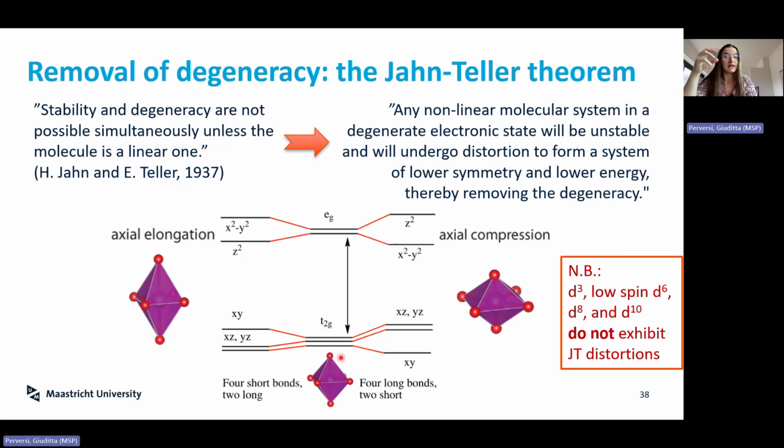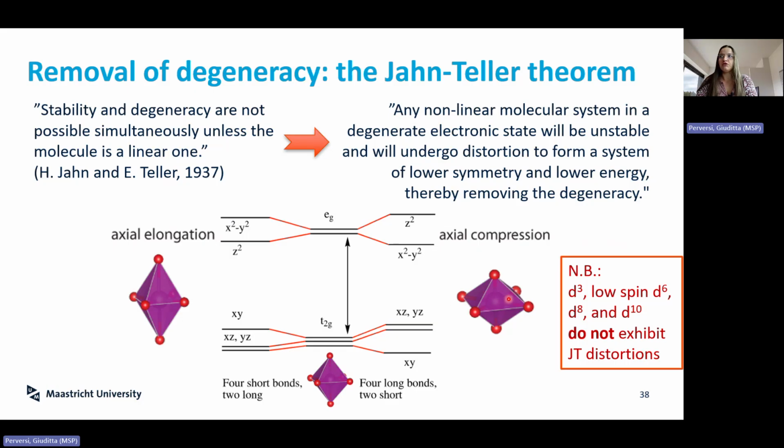If the distances are different, so if one bond, for instance, is elongated axially, in your Z direction, the dz square will drop in energy, because now the dz square orbital is further away from the ligand, so it's feeling less electrostatic interaction.